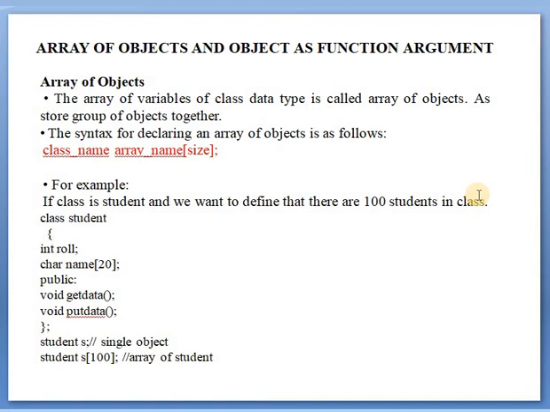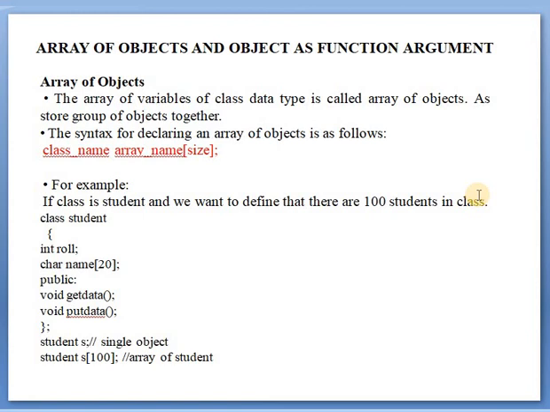Now, arrays of objects and object as a function argument. First, what is an array? We know that an array is a collection of the same data type having the same name and different variables. So what does array of objects mean?